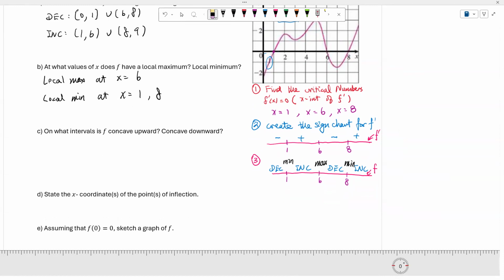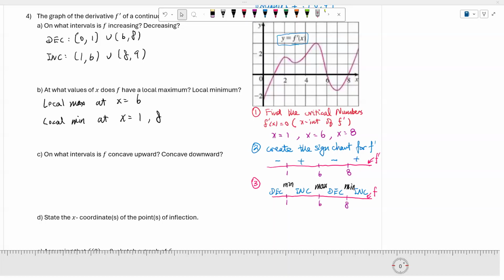So then let's see. So again, how do we actually work with again the second derivative? Okay.